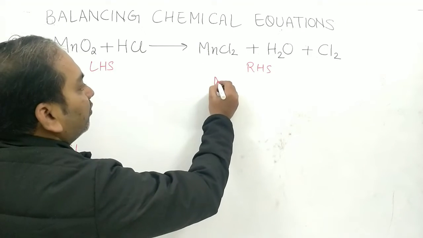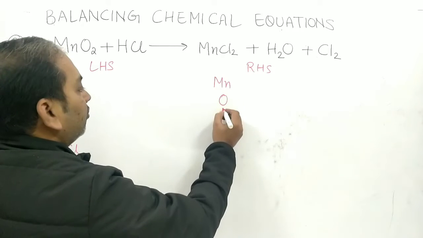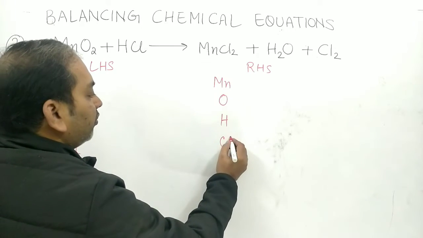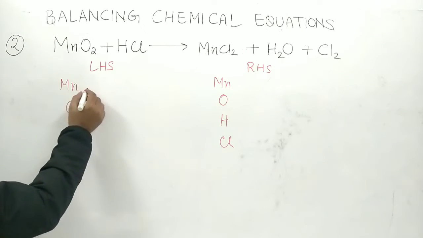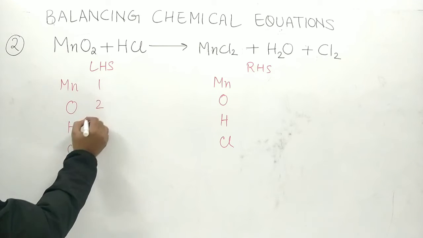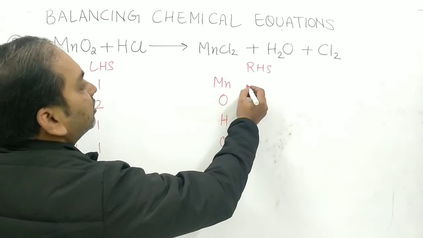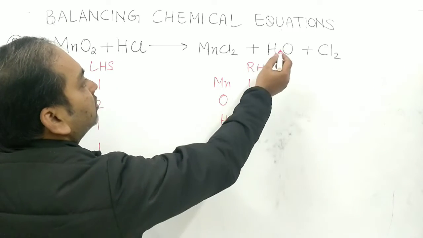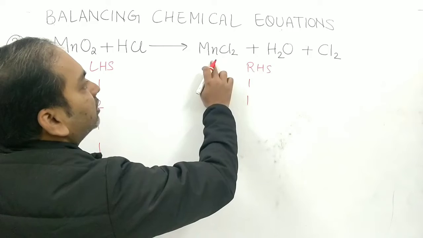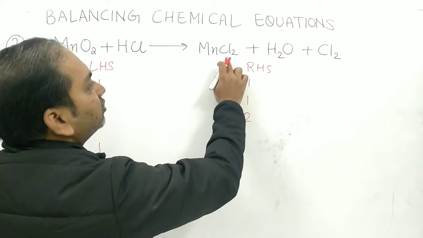Here again we copy these elements: Mn, O, hydrogen and chlorine. The number of atoms on this side is: manganese 1, oxygen 2, hydrogen 1 and chlorine 1. Here manganese is again 1, oxygen is 1, hydrogen is 2 and chlorine is 2.